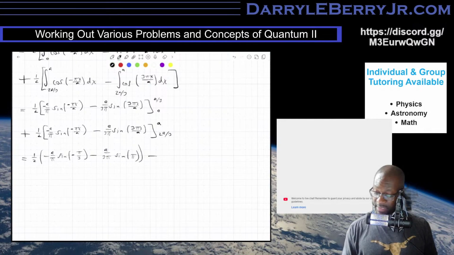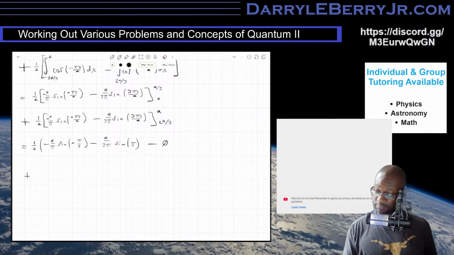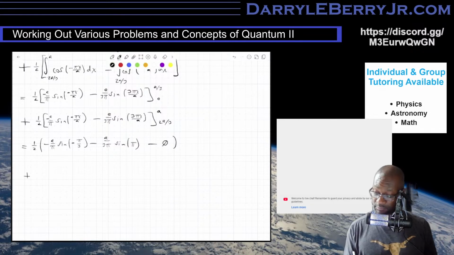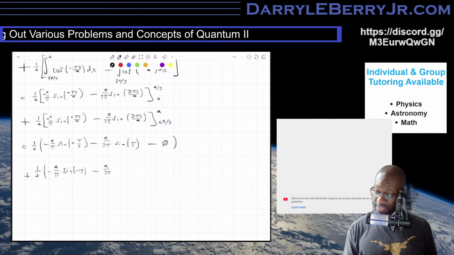Oh, there's going to be minus 0, plus 1/2 negative a over pi. There's going to be sine negative pi, minus a over 3 pi sine.